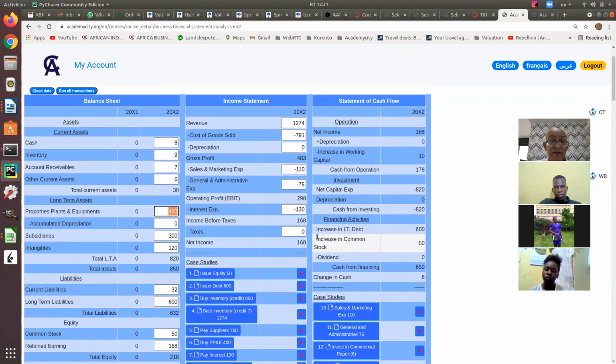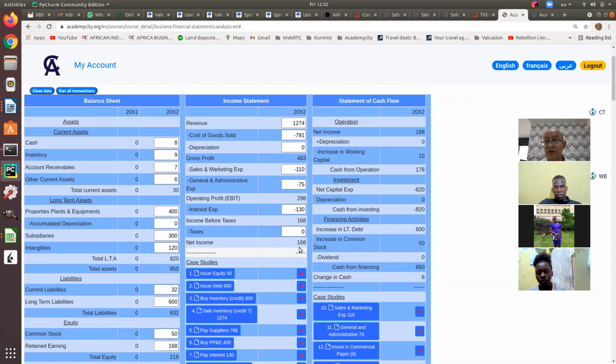So my profit is not really 168. It's true I made 168 as a profit, but my assets have lost some value. So I didn't really make 168. I really made less profit because those 40, I will have to replace them in the future.